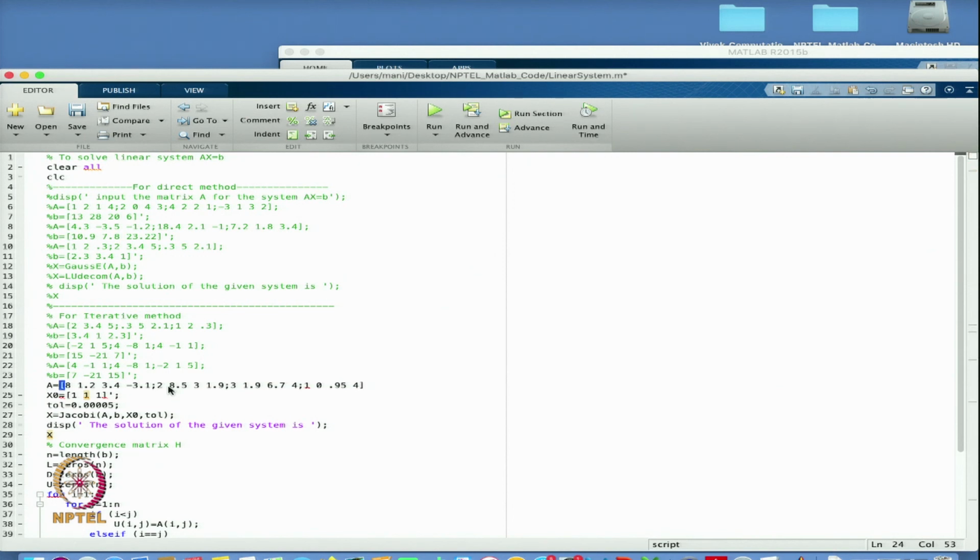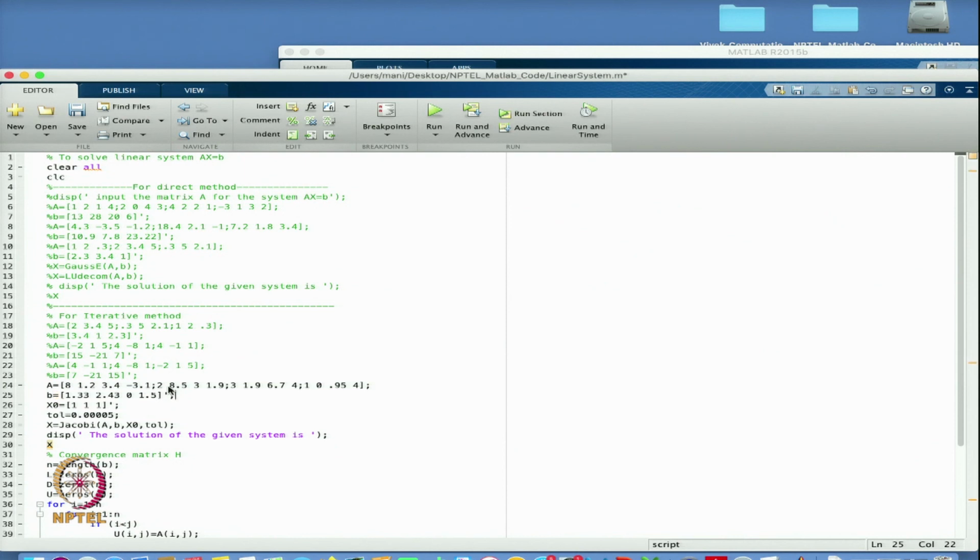So this is the matrix I am taking and then I take the B vector. So the B vector I am taking as, suppose I take 1.33 and then 2.43, then 0, then 1.5. So this is the column vector I am taking.